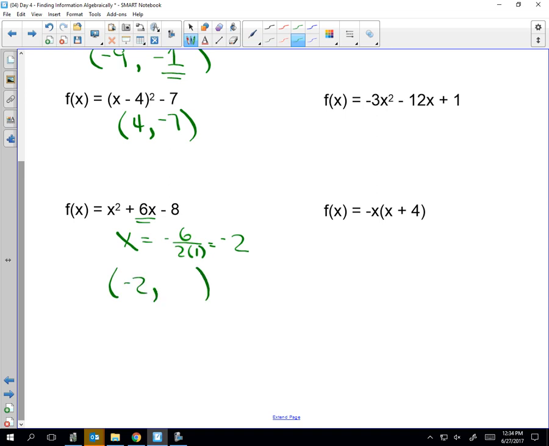The negative 2 is our x value. We're going to plug in and solve for y. Negative 2 squared plus 6 times negative 2 minus 8. So we have 4 minus 12 minus 8. So we have a positive 4 and a minus 20. So we have a minus 16 for our vertex point here.